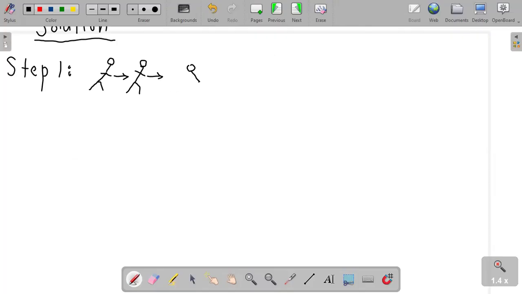Then we have two players from the opposing team, and they are pushing in the opposite direction. So this is roughly what is happening.